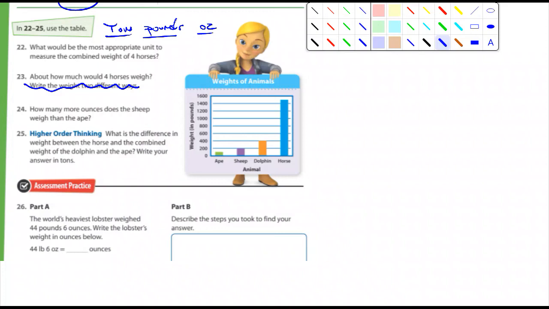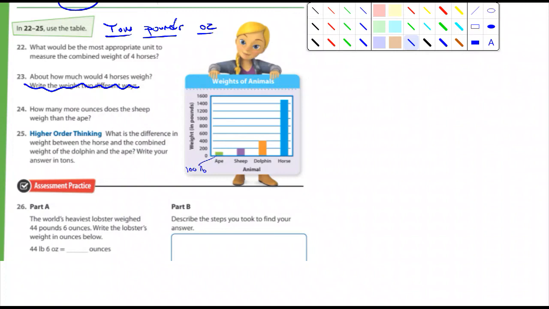Number 24, Mr. Cosgrove, it says how many more ounces does the sheep weigh than the ape? Now, this is important here. Look at your chart. What does the ape weigh? 100 pounds. Yeah. It looks like it's about halfway to 200, so I'm going to just draw a little line here, and I'm going to put 100 pounds, just so you guys know.